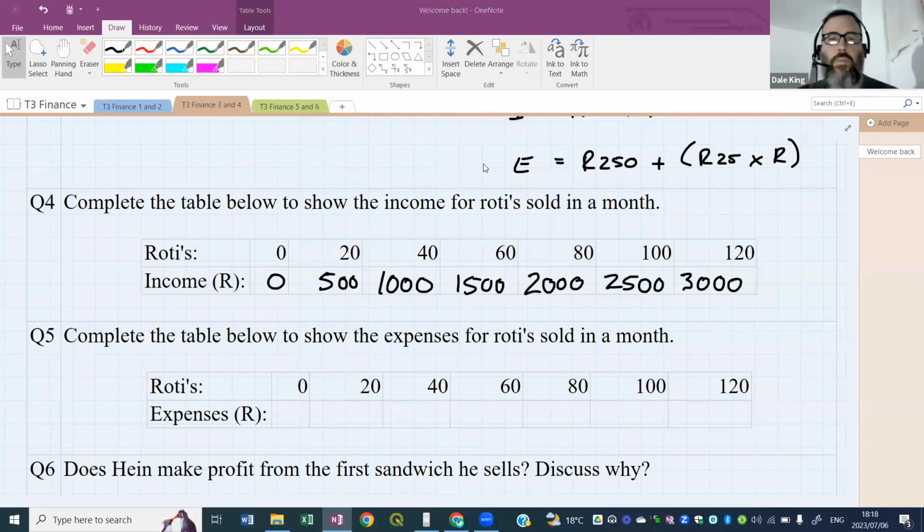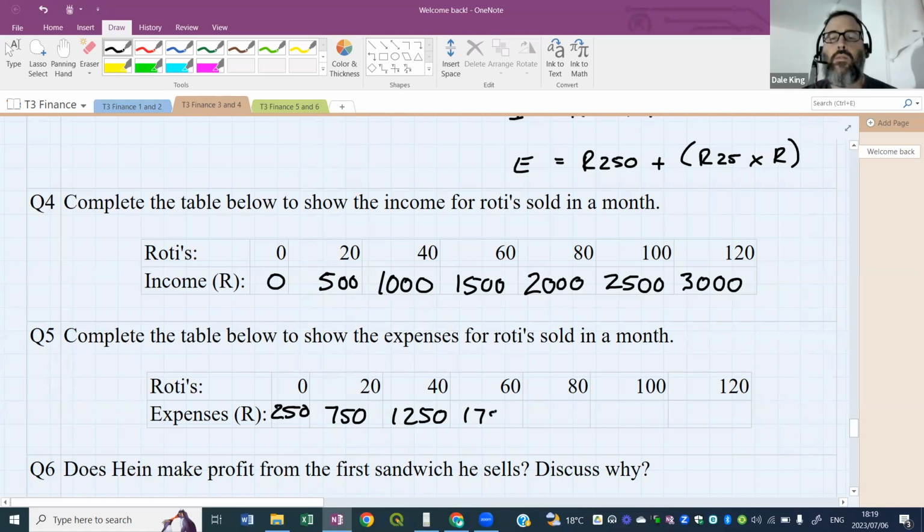Hi, sir. Bianca, how are you? I'm good, and you? Good, thank you. All right. For 0 rotis, what will his expenses be? It's 250. 250, absolutely. For 20 rotis, what will the expenses be? 750. For 40? It is 1,250. For 60, 1,750.